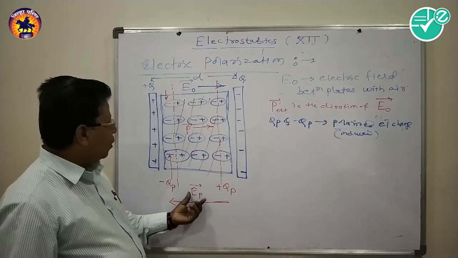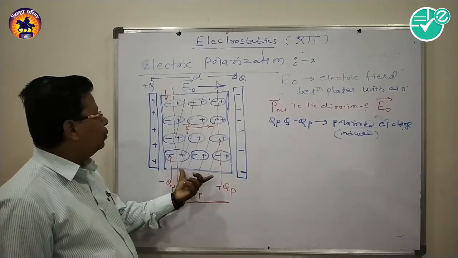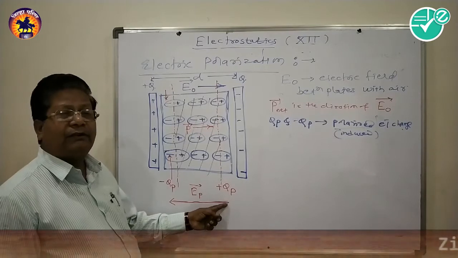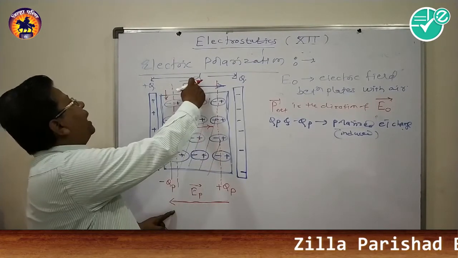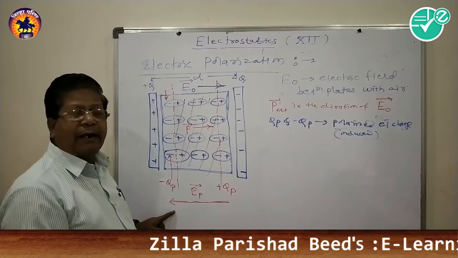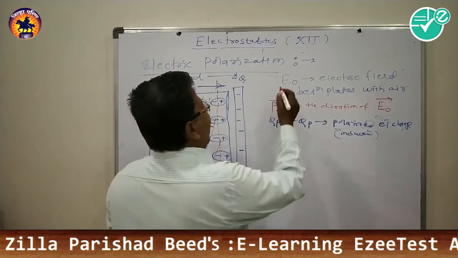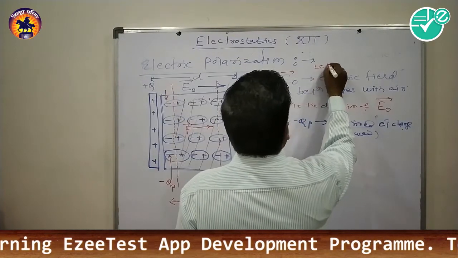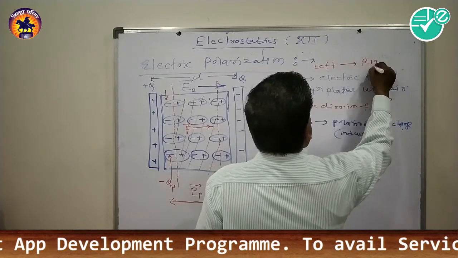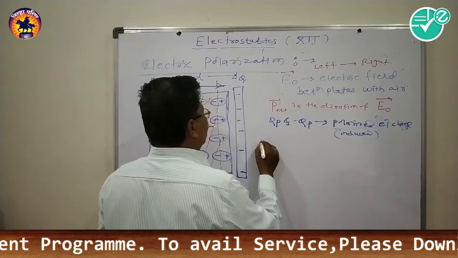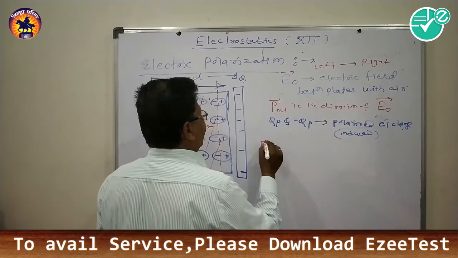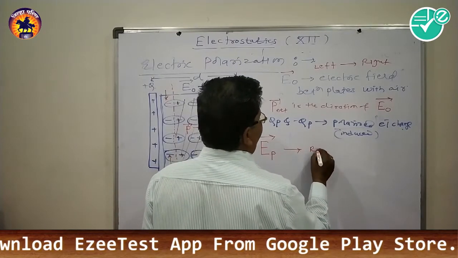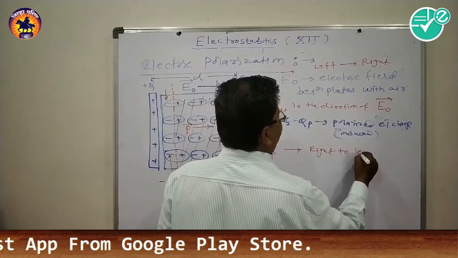So the direction of electric field due to charges on the dielectric is EP, and it is directed in opposite direction of applied electric field. So as E0 is directed here from left to right, and due to induced charges the electric field is developed, which is EP, and is directed from right to left.